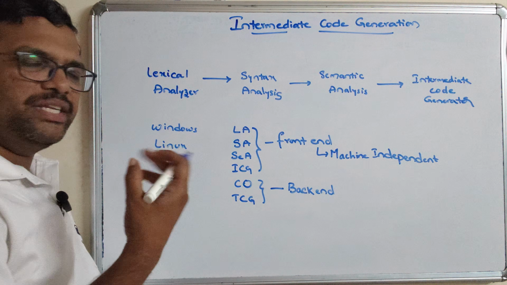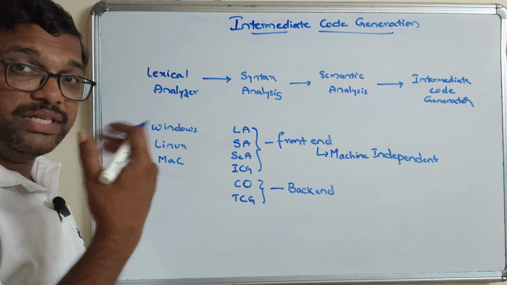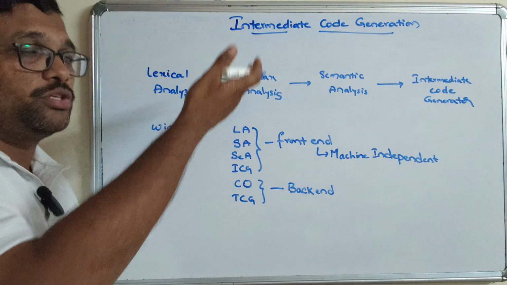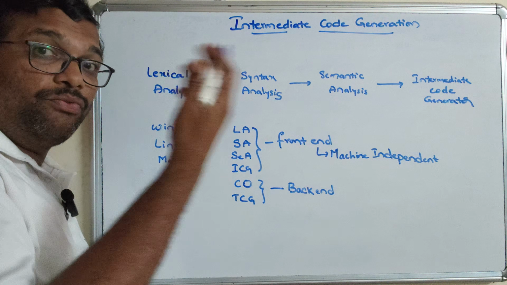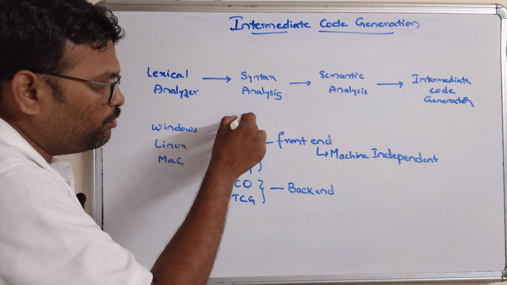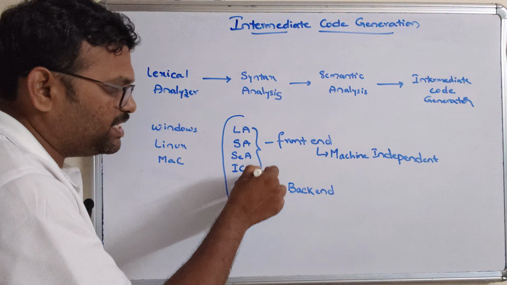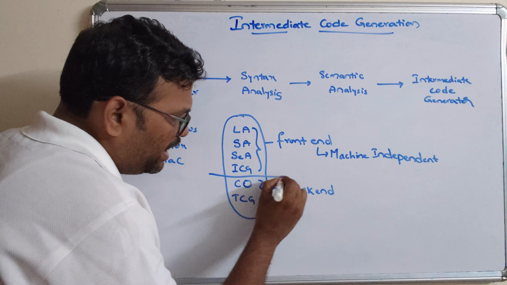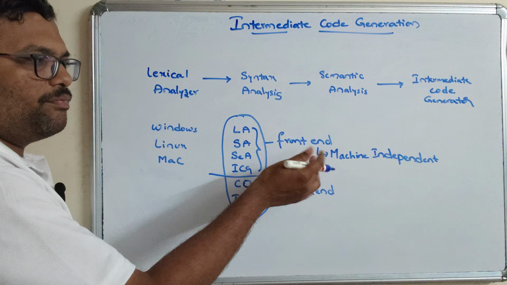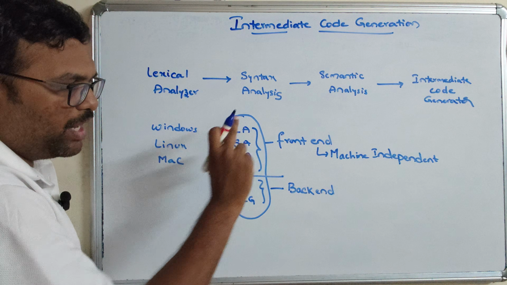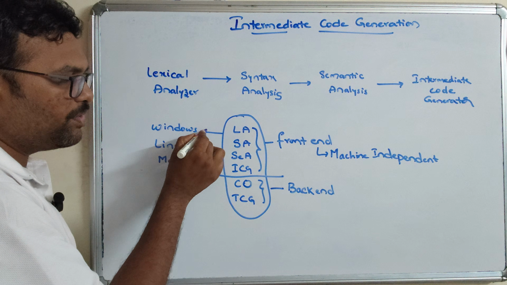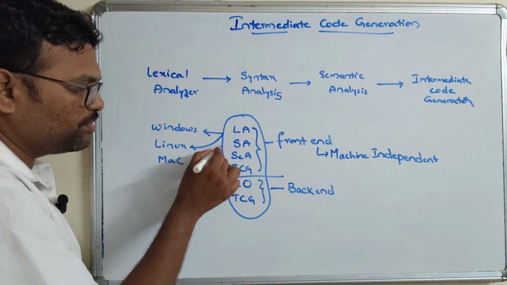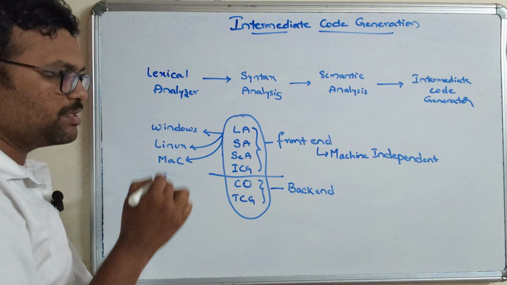If you want to design a compiler, which is our subject, you need to work on all these phases; only then can a compiler be designed. The design we have done so far, the same front end, can be used for all of these systems.